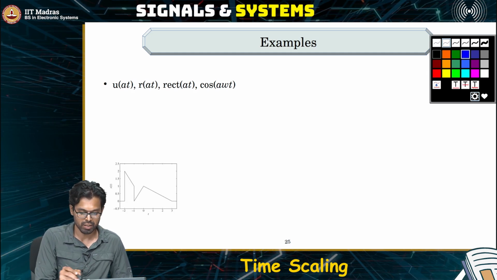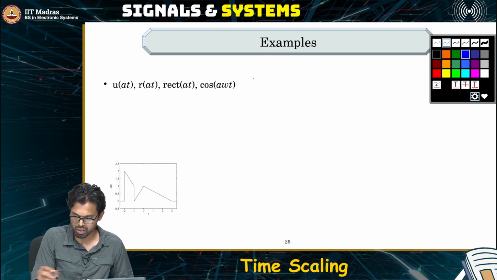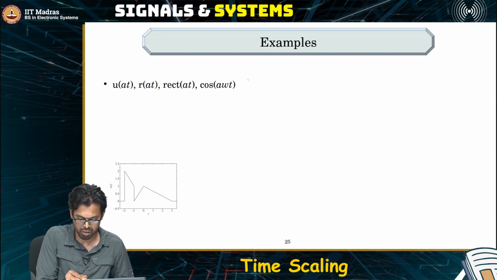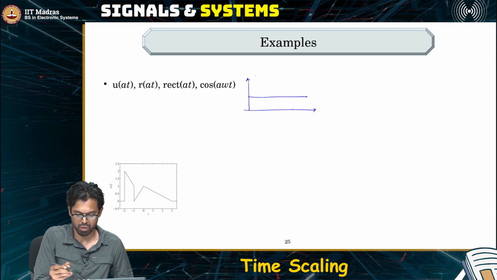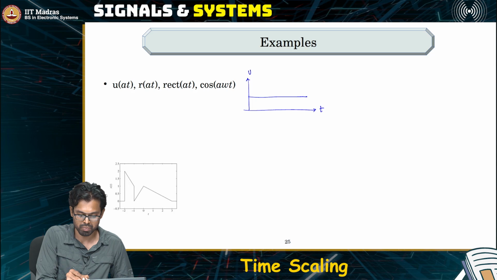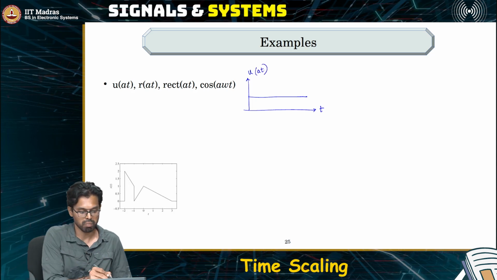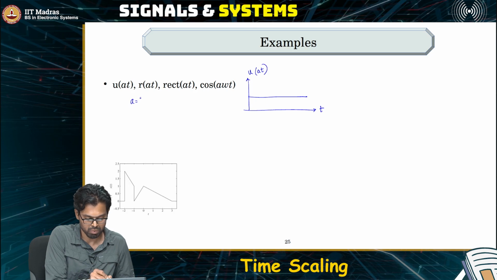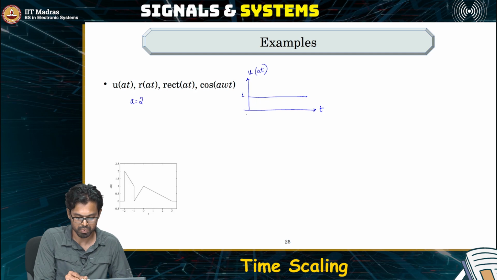So the first signal is u of at. What is u of t? If you remember, you plot t, u of at, let's say a is equal to 2.